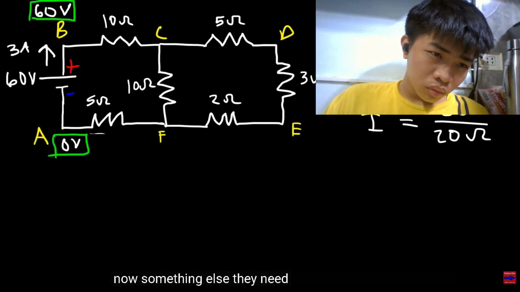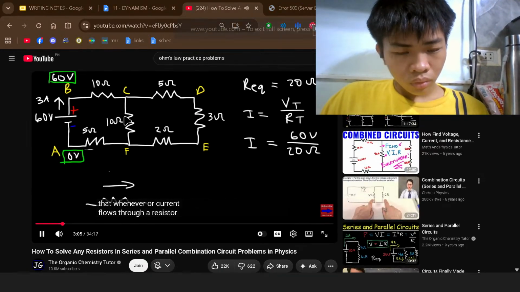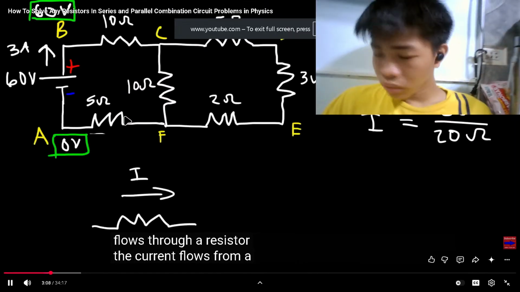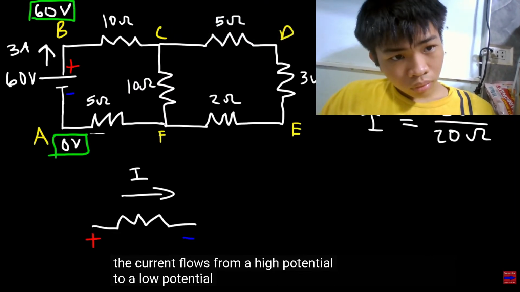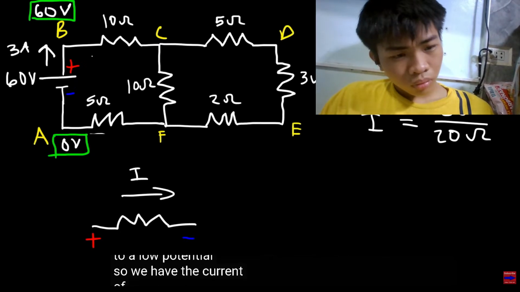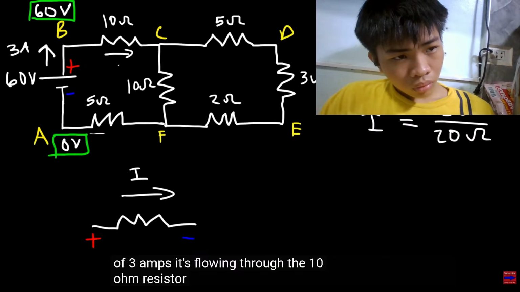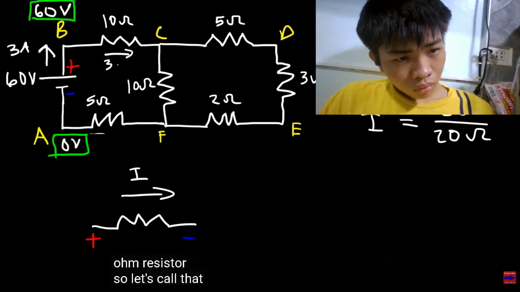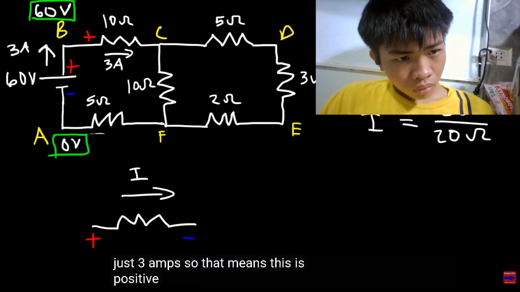Now, something else you need to know is that whenever a current flows through a resistor, the current flows from a high potential to a low potential. So we have the current of 3 amps, it's flowing through the 10 ohm resistor. So that means this is positive and this is negative.